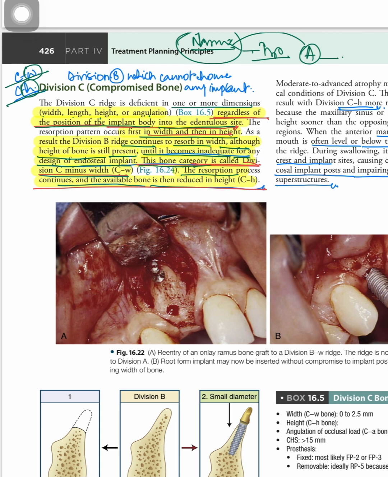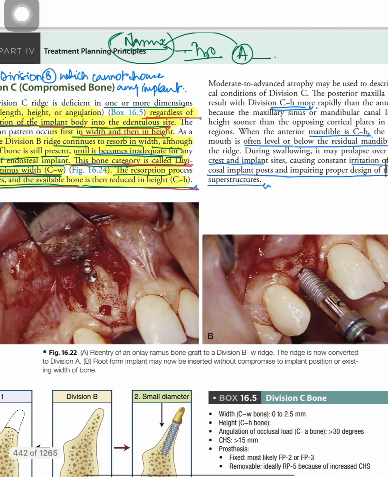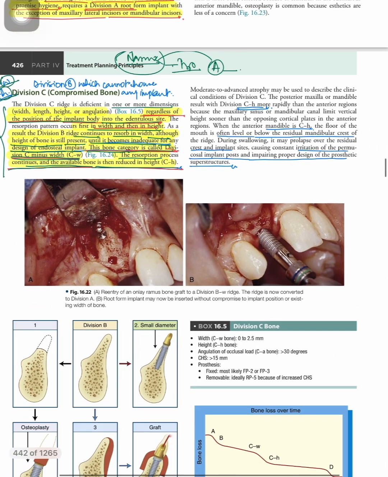This bone category is called division C minus width. The resorption process continues and the available bone is then reduced to C minus H. So you see the sequence: division B bone transitions into division C minus width, and that again transitions into C minus height.